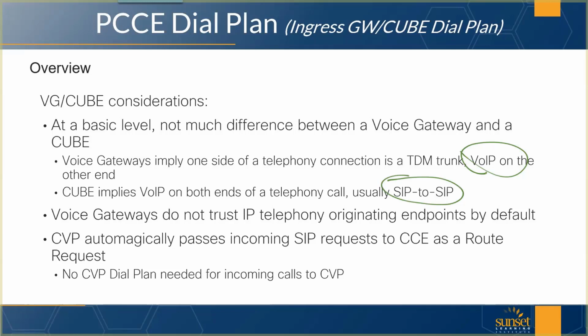So clearly what we need in the ingress gateway is some coding in the VOS that not only is able to recognize the SIP input to that gateway, but also do maybe address translations, some SIP to SIP conversion, because not all SIP versions are exactly the same. So CUBE provides those additional facilities.